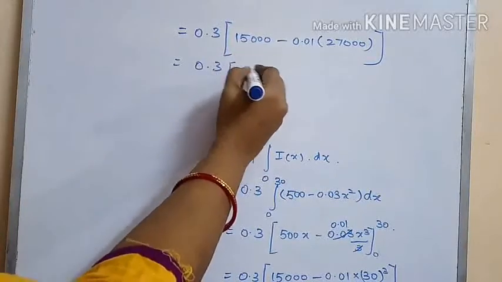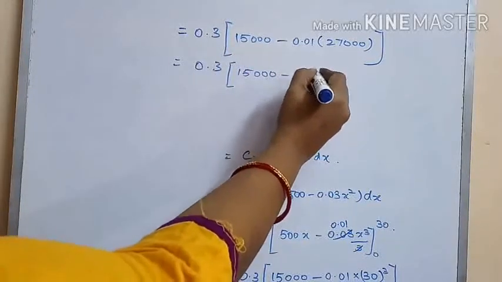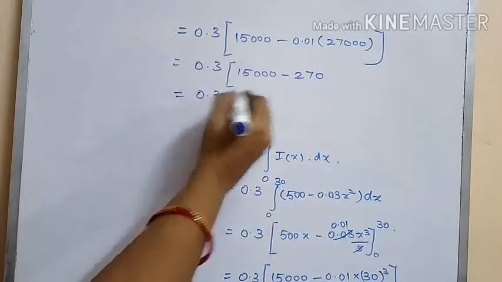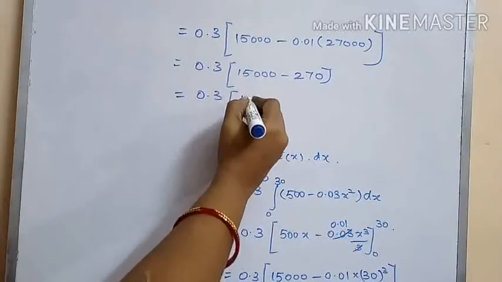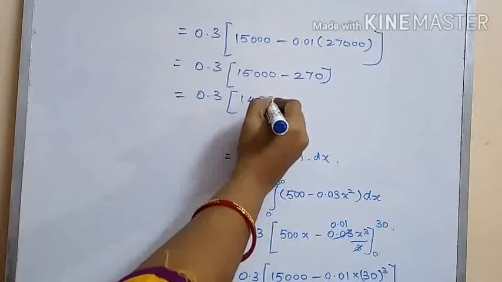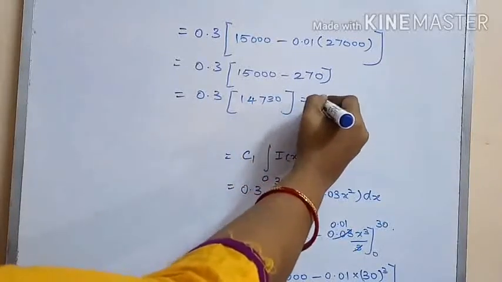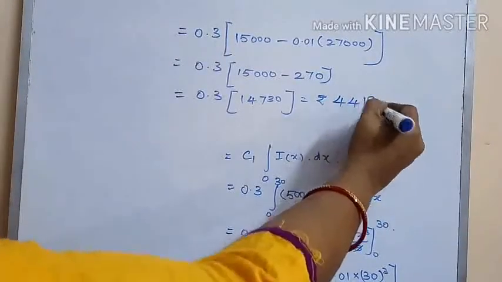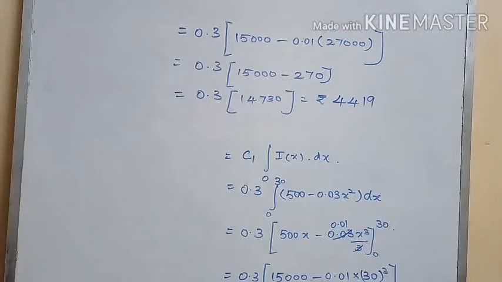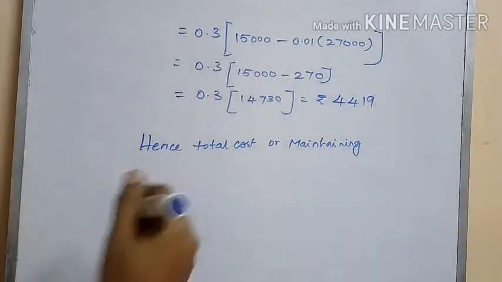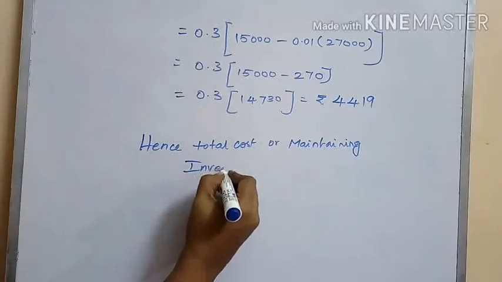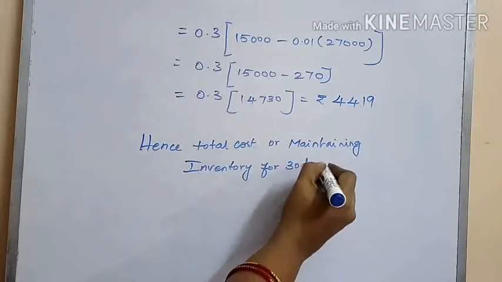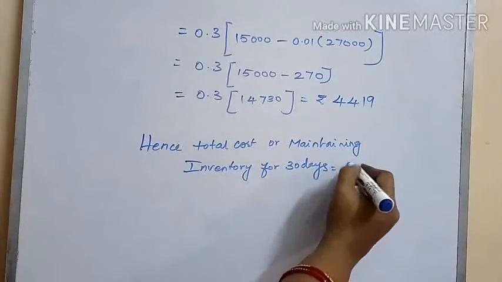So we get 0.3 into 15,000 minus 270, which is 0.3 into 14,730, which is rupees 4,419. Hence, the total cost for maintaining inventory for 30 days is equal to rupees 4,419.